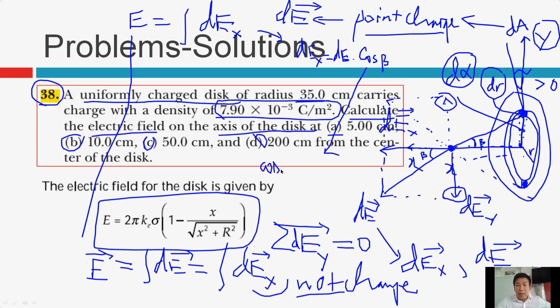Cos theta equals s divided by the square root of s squared plus R squared. Okay? Any question?